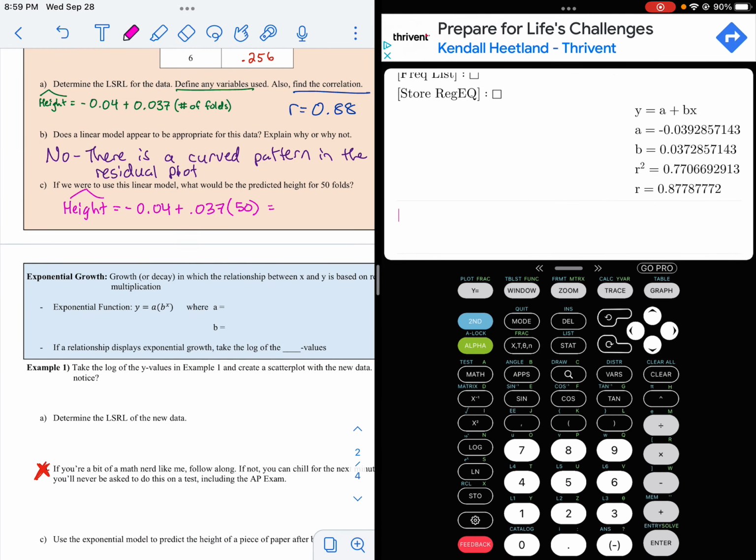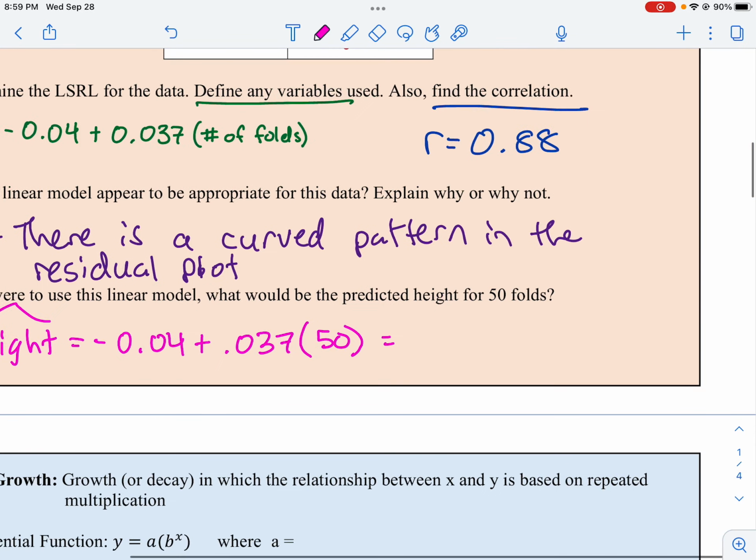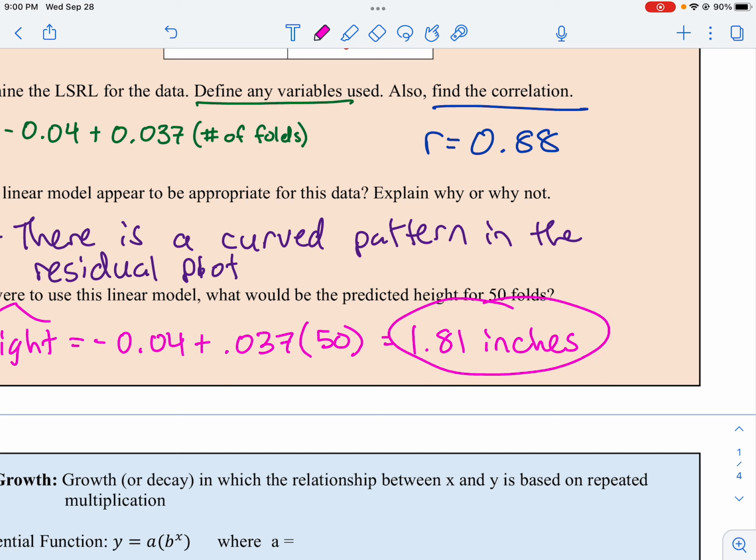And if we do that, negative 0.04 plus 0.037 times 50, we get 1.81 inches. So what we're going to see is how close is our linear prediction compared to what is appropriate.